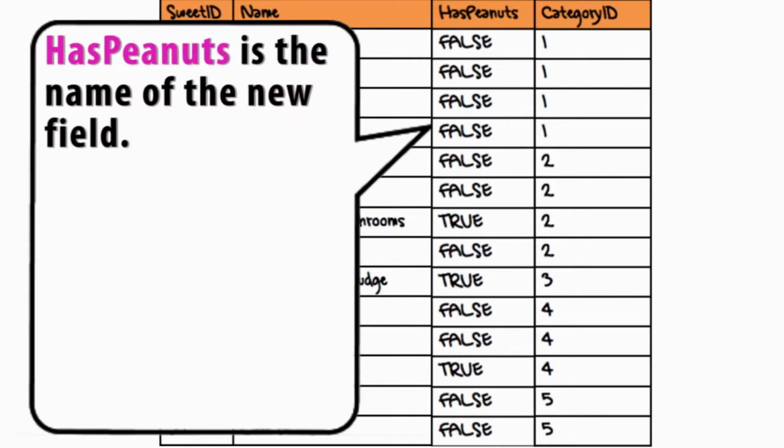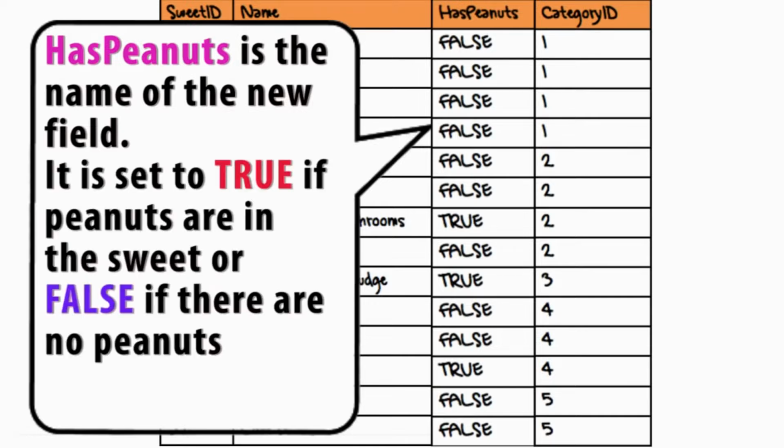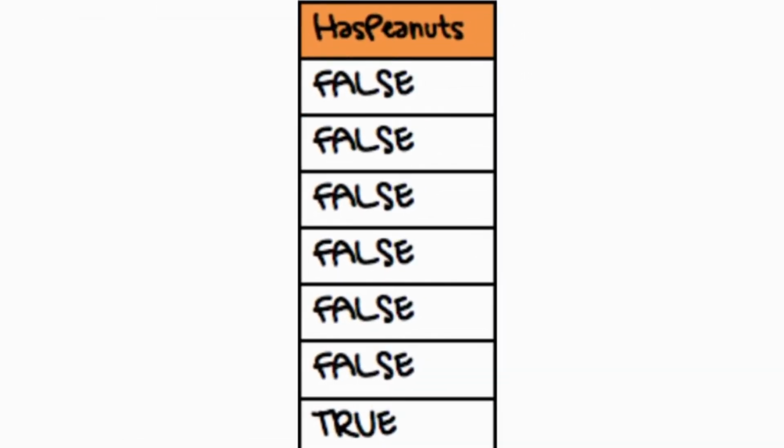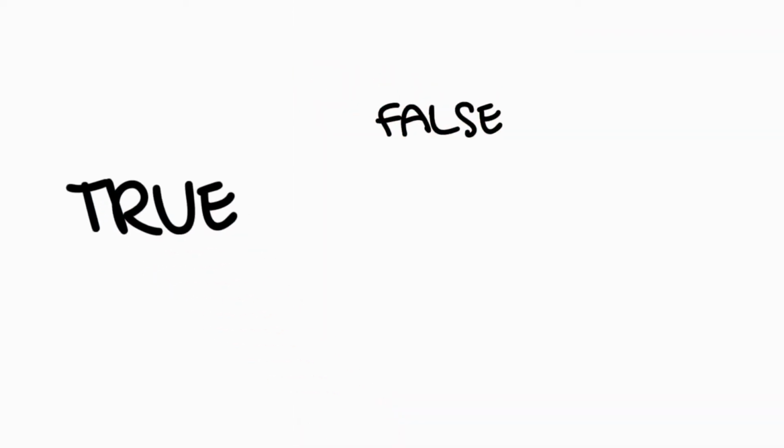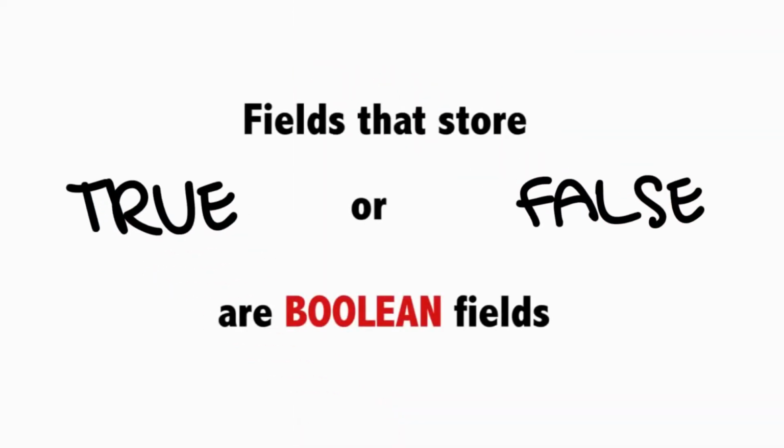This is a special type of field because it contains values which can only be true or false. There are only two possible values in this type of field. Fields that can only store true or false values are called Boolean fields. They have a field type of Boolean.